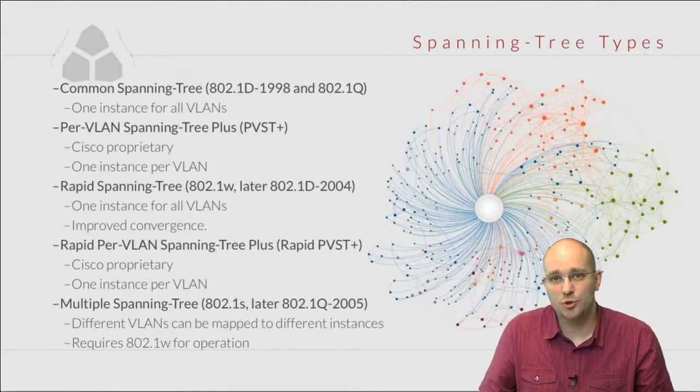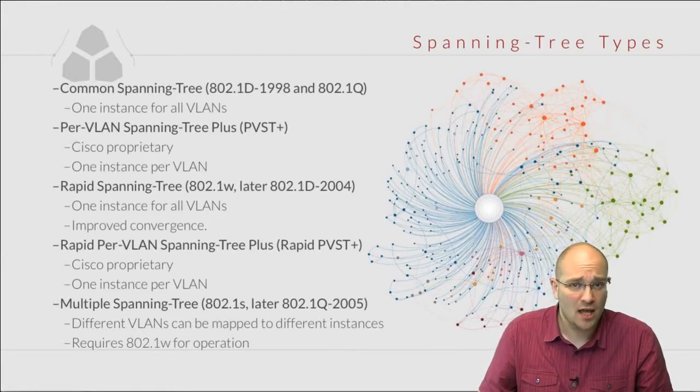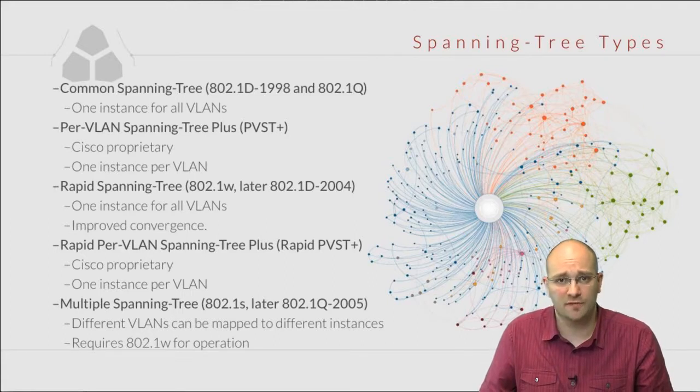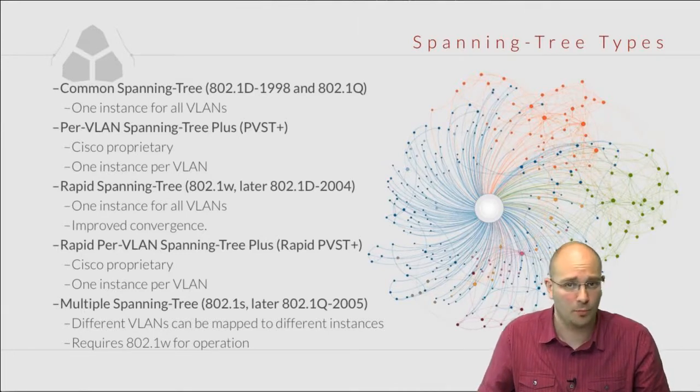To those of us using Cisco switches, there are actually 5 relevant spanning tree types. These are the common spanning tree, or the one that I call the traditional spanning tree. This is the protocol defined in the IEEE 802.1D document, and also sometimes later updated in 802.1Q to support multiple VLAN operations.